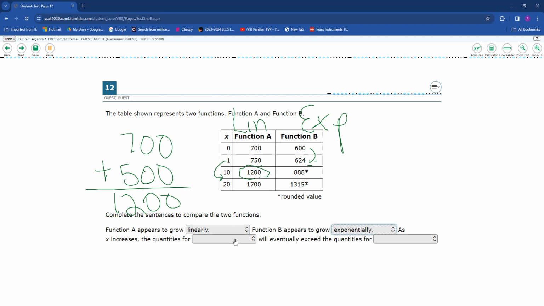So it is function B that's going to eventually, it hasn't exceeded it yet, but eventually function B, as x increases, will exceed the quantities for function A. And again, this is really something I want to do at the end of the video to look at the other explanation for that in graphs or something, but let me do that later. For now, I just wanted to give you like a quick how-to.